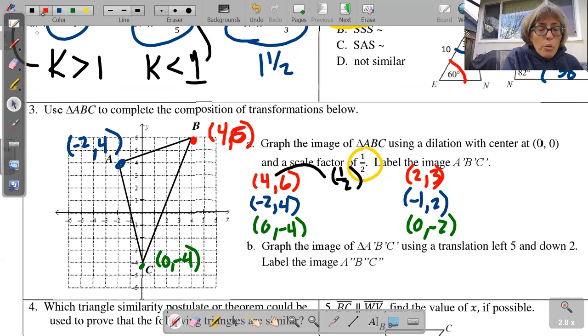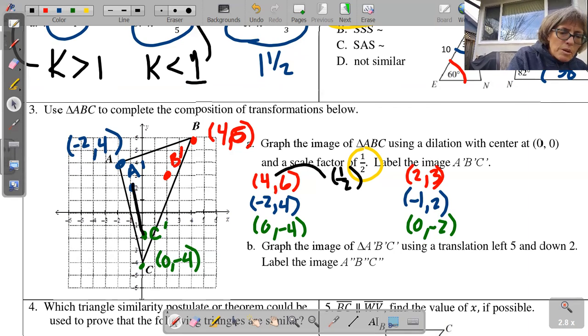If you were to plot those points, you'll see the exact same image, but half the size. There's 2, 3, that's called B prime. And then there's -1, 2, that's called A prime. And then 0, -2, C prime. So same image, just shrunk down.